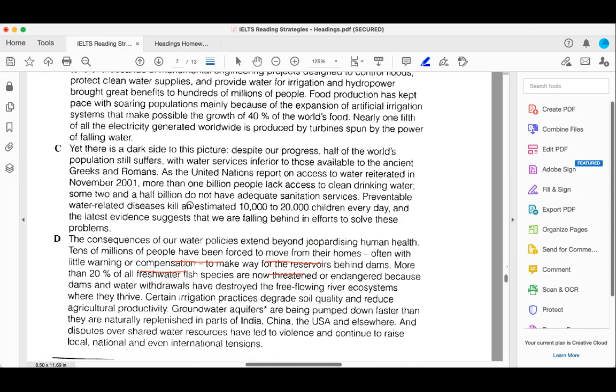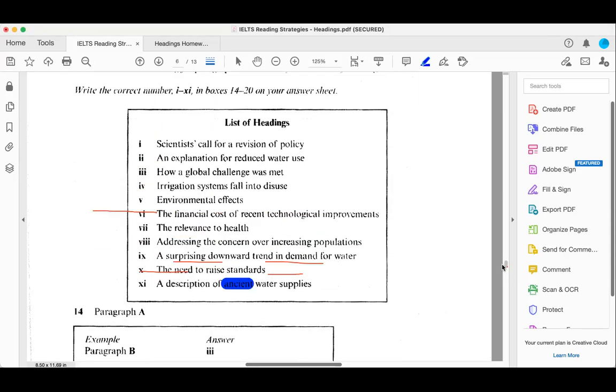In the third sentence, what do we have? Disease, kill. So what are we talking about? Health. All right, here we go. So we're talking about health. Why? Because we have diseases, etc., right?